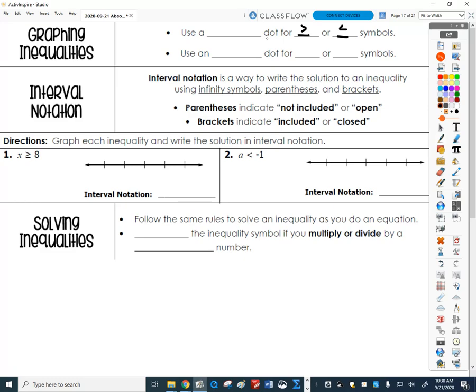As opposed to if we're using just a plain old greater than or less than, if we're not including the equals. Okay, good. So it's going to be solid if we're including the equal sign. It's going to be open if we're not including the equal sign, right?